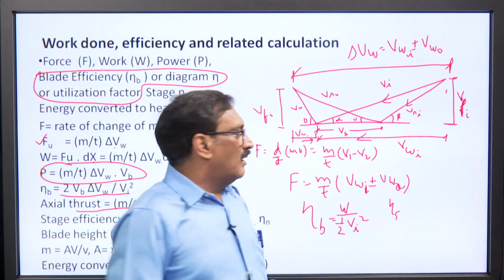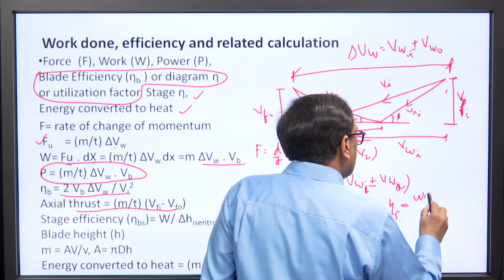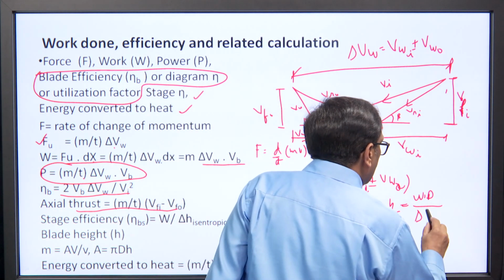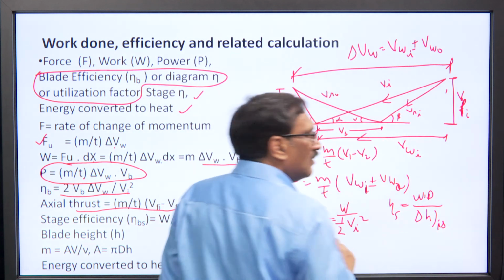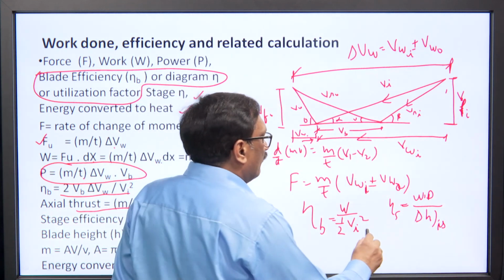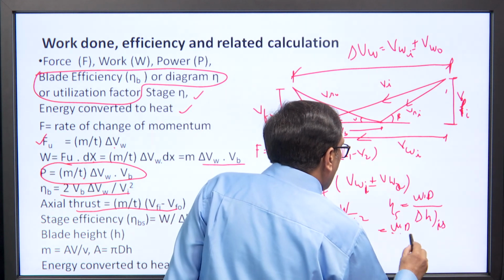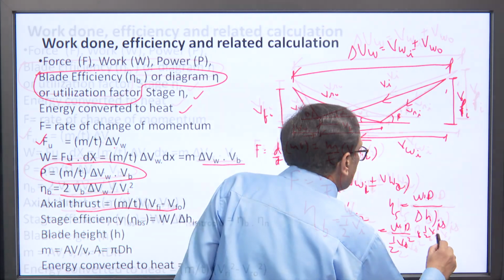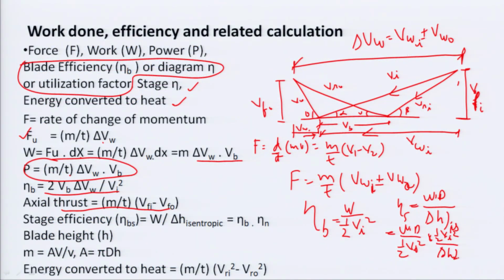So, whatever the work done is, and the input to the stage is the isentropic enthalpy drop in the nozzle, that is the stage efficiency, and we can write it as work done upon half Vi square, into half Vi square upon delta Hsi. The first term is the blade efficiency, and the second is the nozzle efficiency. So, stage efficiency is the multiplication of the efficiency of the blade and the efficiency of the nozzle.